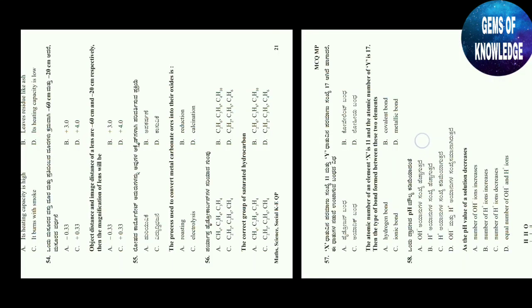Then moving to the next question, 57. The atomic number of an element X is 11 and the atomic number of Y is 17. What is the type of bond formed between these two elements? Atomic number 11 is nothing but sodium; Na has atomic number 11, and atomic number 17 is chlorine.